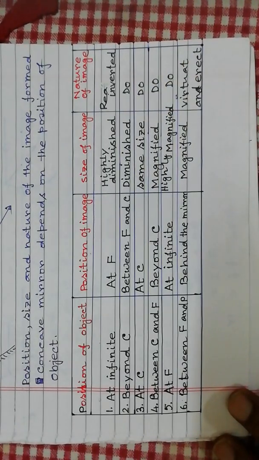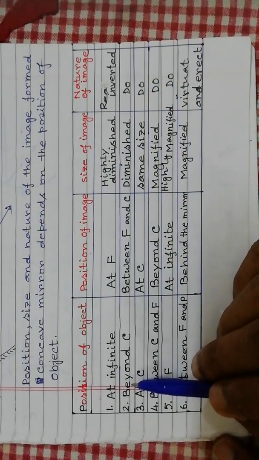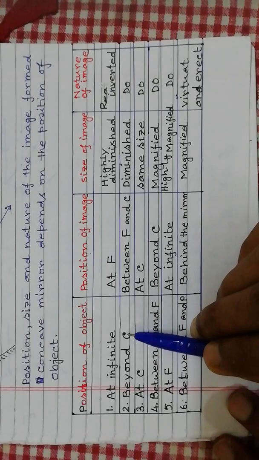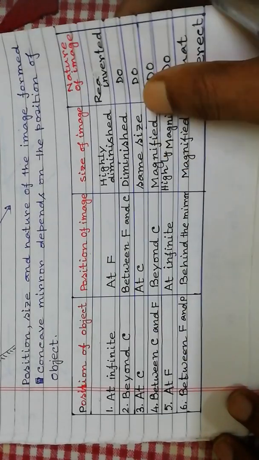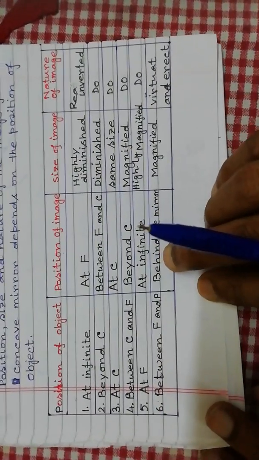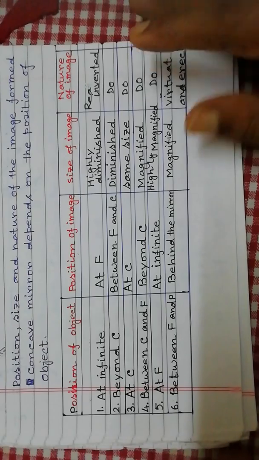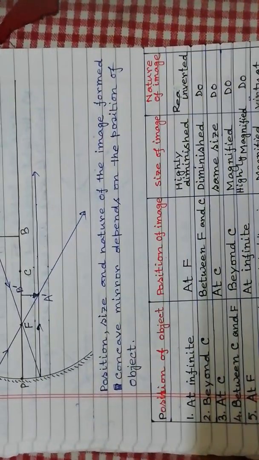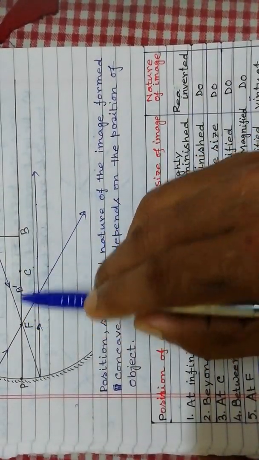If the object is placed beyond C, then the image is formed between F and C.